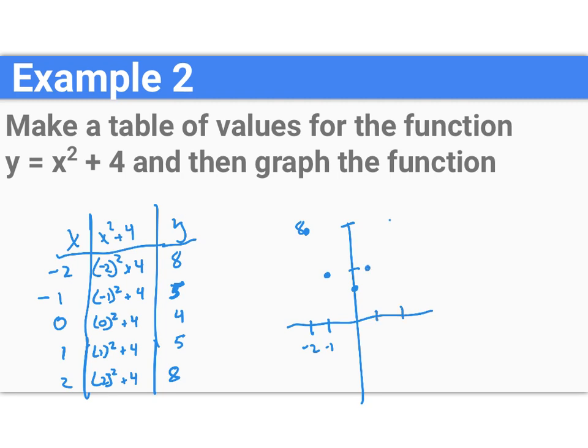And at 2, we're at 8. So anytime you see an x squared, it's going to make some type of U. And that's not the greatest graph. I should have put a grid here for you. And so those were our two examples. I will meet you at the end of the video for a review.